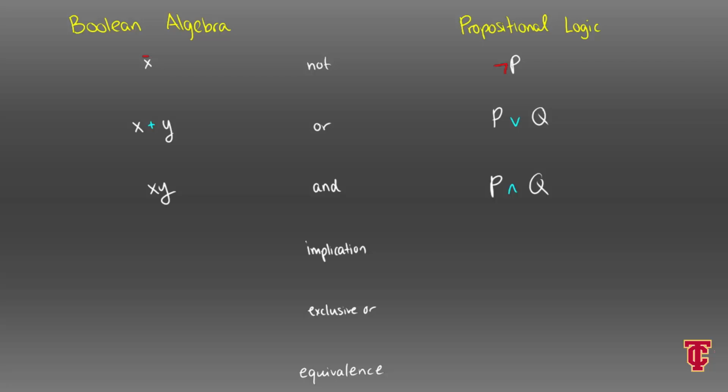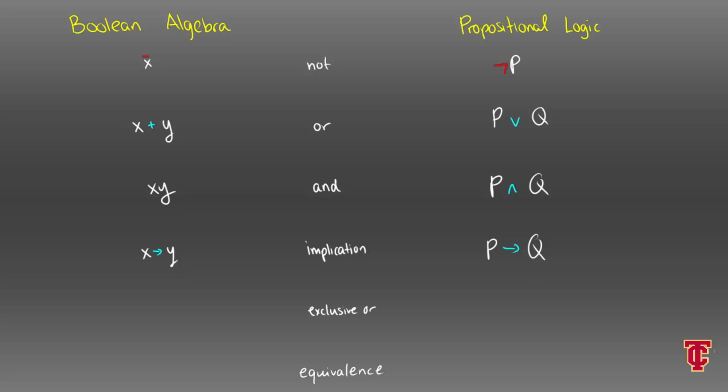Now the implication is the same, which is nice. If you have P arrow Q in propositional logic, we can do the same with x and y. But typically how we would write this instead is using its equivalent.